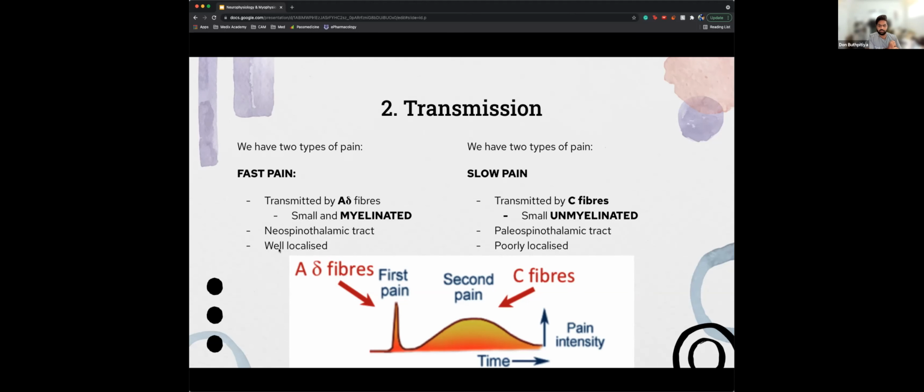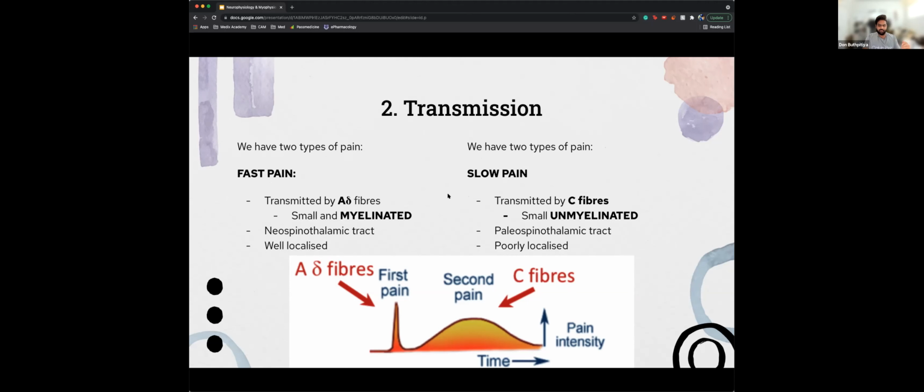Whereas our slow pain is transmitted by our C fibers. Now, there are all these different types of A delta and C fibers. You probably don't need to remember all four of them, but I think it's better to understand the difference between fast and slow pain, because the questions you're probably going to get are like, someone has gone out and hurt themselves doing this.